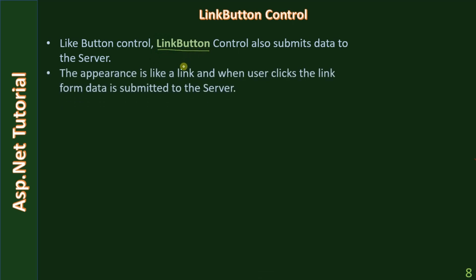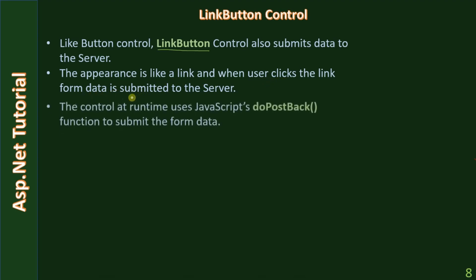The appearance is like a link, and when user clicks the link, form data is submitted to the server. Alright, so the appearance will look like a link, but when user clicks it, the form will be submitted to the server.